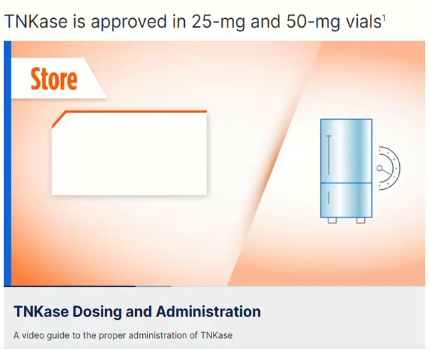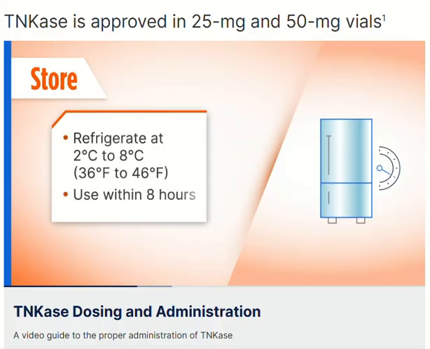Because TNKase contains no antibacterial preservatives, reconstitute immediately before use. If the reconstituted TNKase is not used immediately, refrigerate the TNKase vial at 2 degrees Celsius to 8 degrees Celsius, 36 degrees Fahrenheit to 46 degrees Fahrenheit, and use within 8 hours.